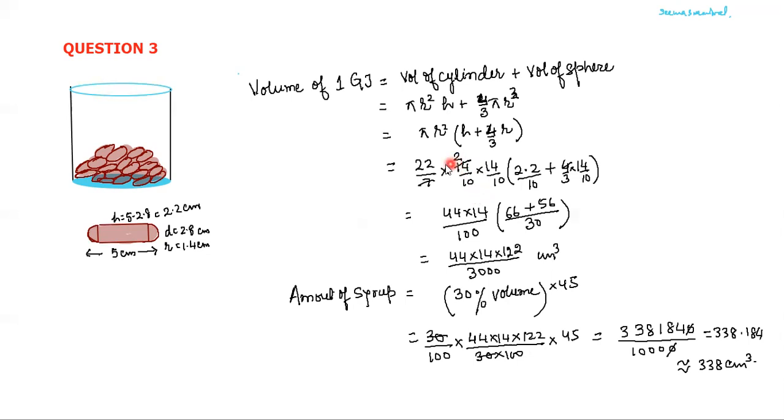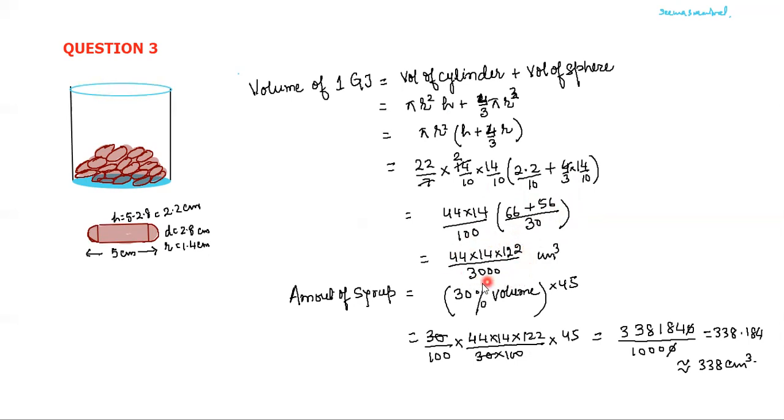So this is 44 into 14 divided by 100 outside the bracket. And let's solve the bracket. This decimal is no more there because I have removed it by putting 10 in the denominator. The LCM will be 30, and then this will be 66 plus 56. Now this is 44 into 14, and when I add it, it will be 122 divided by 3000.